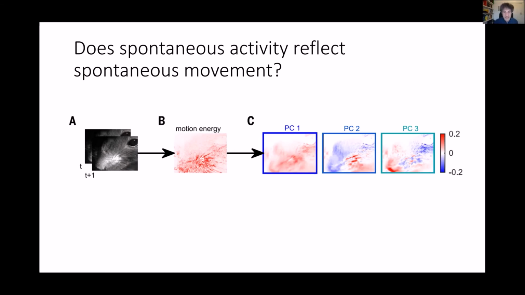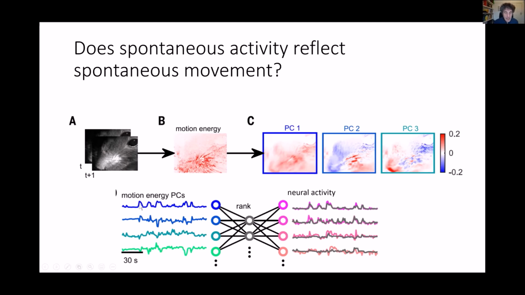And then the game was to take this motion energy, found by this method. Now, of course, you'd use deep neural networks and things, but you know, principal component analysis back in the prehistory of 2 years ago was enough, and use it to predict the activity of the neural population using a low rank approximation, using reduced rank regression.